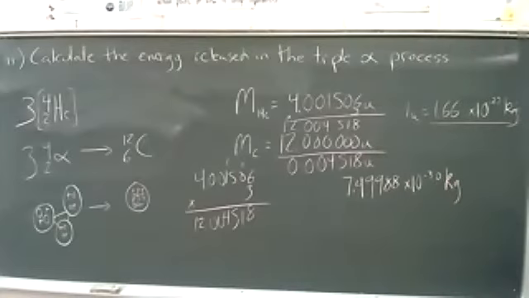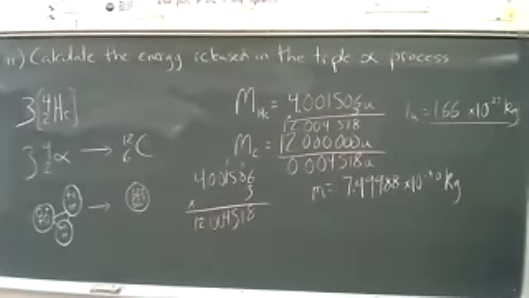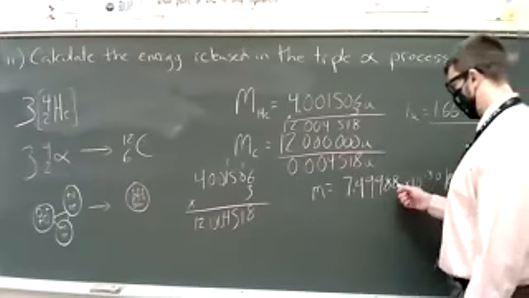Okay, so that's the missing mass. If you look at step 1, balance the nuclear reaction by ensuring the nucleon number and the proton number are conserved. So we did that. Because mass energy is conserved, the change in mass is equal to energy. So you calculate the change in mass.